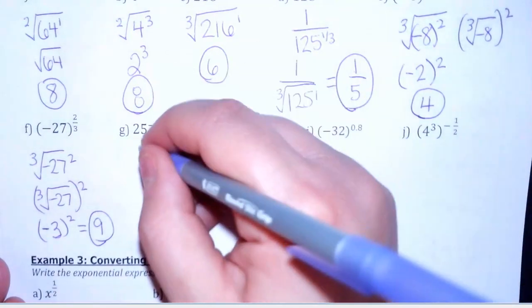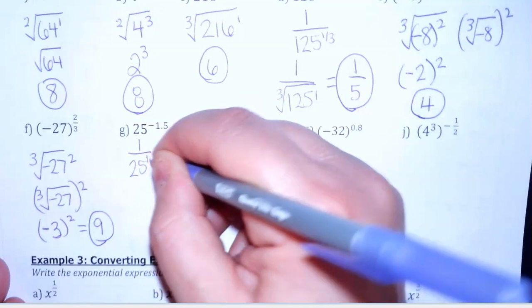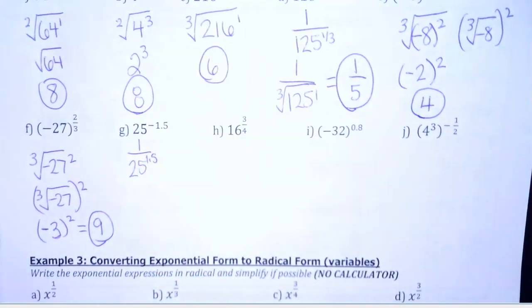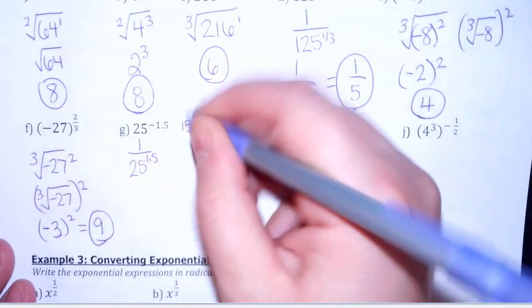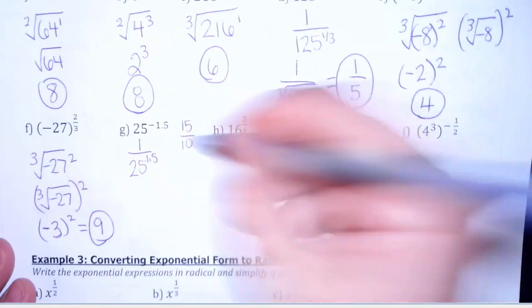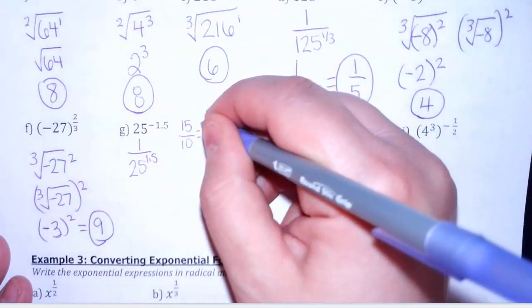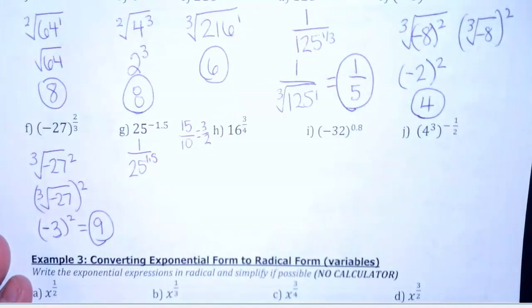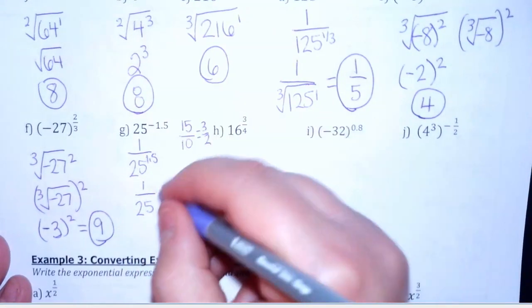So this would be 1 over 25 to the positive 1.5 power, just to take care of that negative exponent there real quick. 1.5, I've got the tenths place, so I'm going to do this as 15 over 10. All right, so 1.5 is the same thing as 15 over 10, which if you reduce that, that's 3 over 2. So I'm just kind of using some properties that hopefully you guys remember from fractions and decimals.